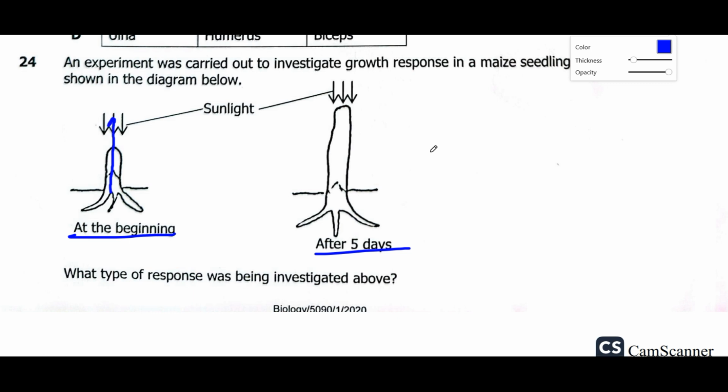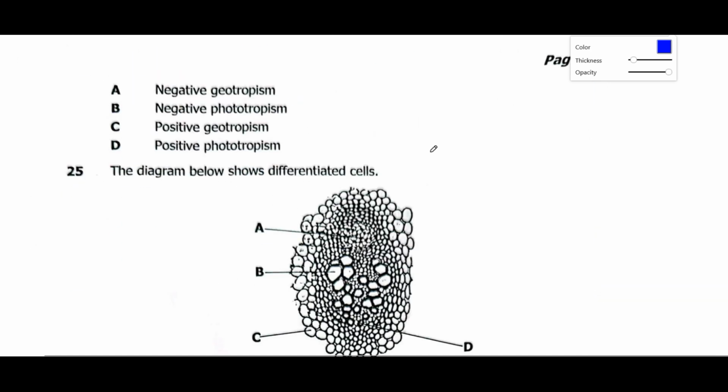There was no bending. Since it was toward light, it's positive. The response toward light is phototropism. So this response is a positive phototropism, which is D, since there was no bending and the response was toward the stimulus.